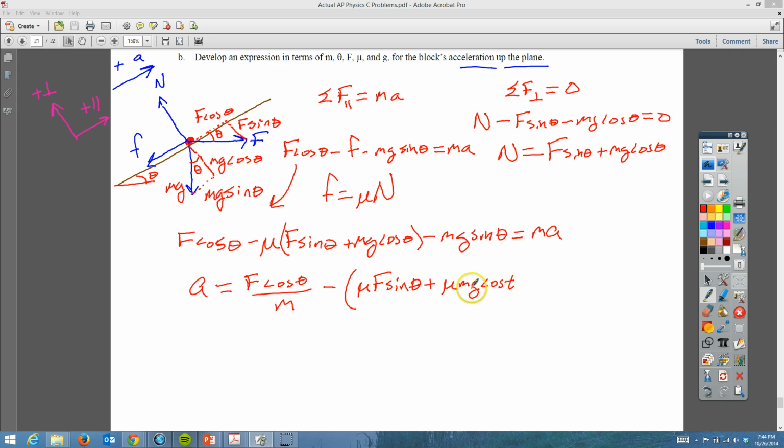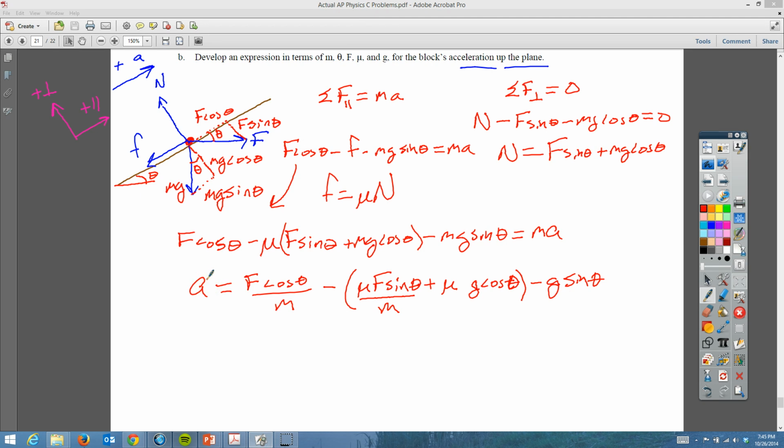But remember, we're dividing this whole thing by m, so we're going to have this divided by m, then this m will disappear or get crossed out. So now we've got mu g cosine of the angle, and then we've got minus mg sine of the angle divided by m would be minus g sine of the angle. And that is our expression for the acceleration.